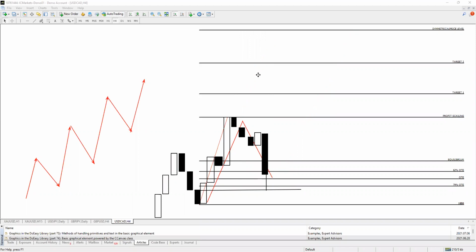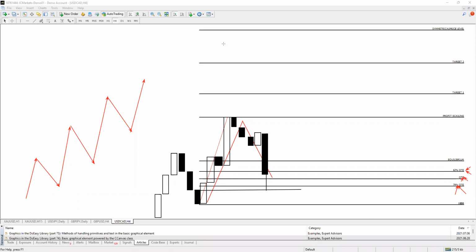Now, when price gets to these levels, the 79 level, the OTE, which is also 75 and something level, the coordinates are there, but this is how we label our Fibonacci for proper analysis, or proper understanding.